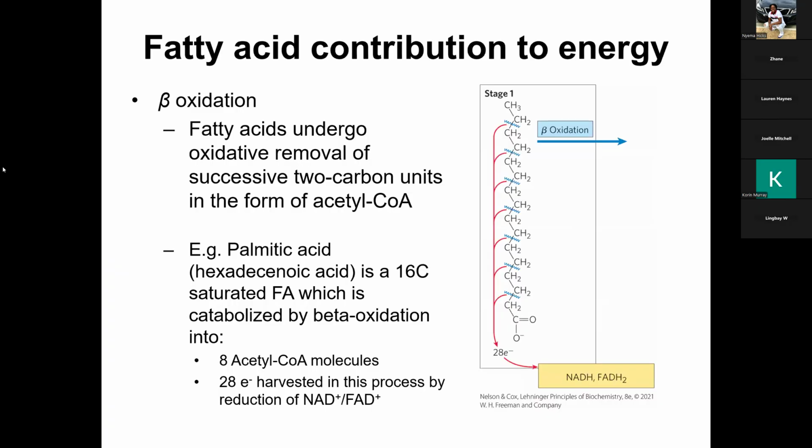I've already kind of told you guys this. If we have our fatty acid here and it's beginning here, carbon 1, 2, 3. Let me change color. Carbon 1, 2, 3, 4, 5, 6, etc. This carbon here is carbon number 1.